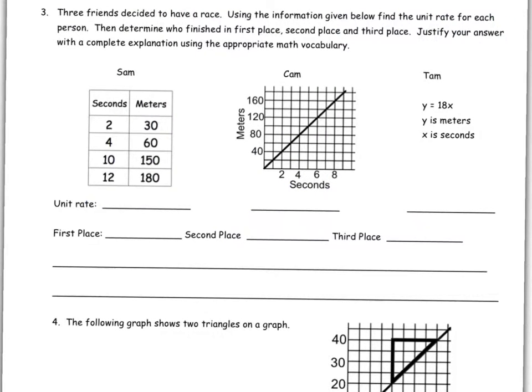Most of you did a fantastic job of finding the unit rates for all of these. Remember, if it is 30 to 2 or 60 to 4, 150 to 10, those can all simplify to 15 meters per second. Don't forget the label. On a graph, we can see that unit rate. A couple different ways we can find a point, like this one right here, 40, 20, or 80 over 4, or we can just go to the 1 and go up.